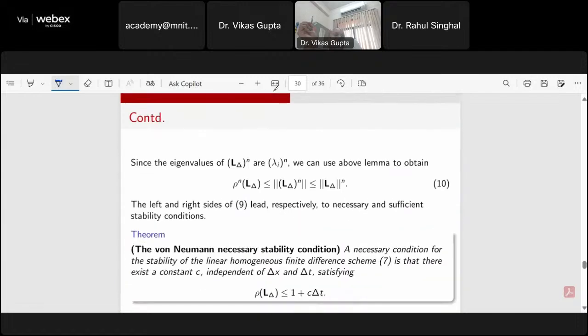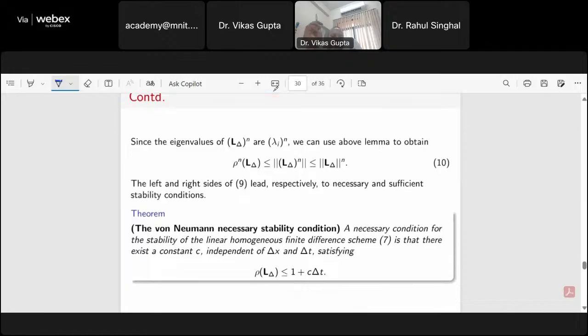Also, we know another important property: if lambda, x is an eigenpair for a matrix A, then lambda to the power n, x will be an eigenpair for the matrix A to the power n. That is, if lambda is an eigenvalue of the matrix A, then lambda to the power n also will be an eigenvalue of the matrix A to the power n.